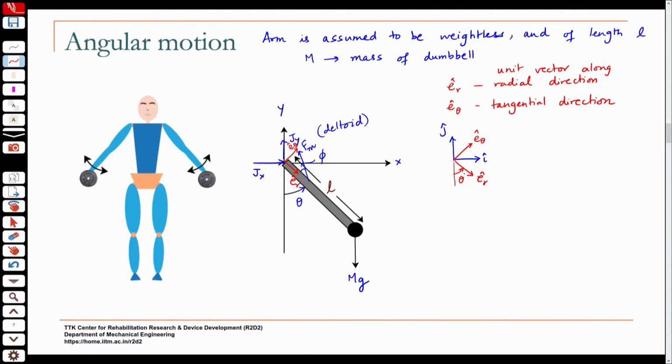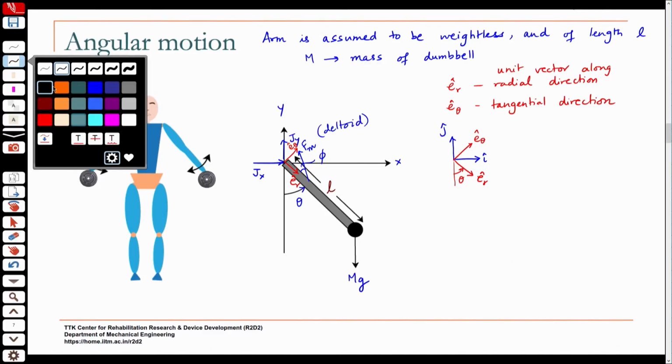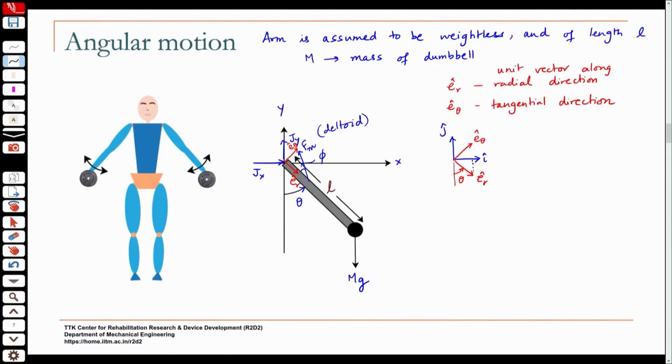So, I can relate the unit vectors of the two coordinate systems. What would Er be? I can project it on the i j coordinate system.